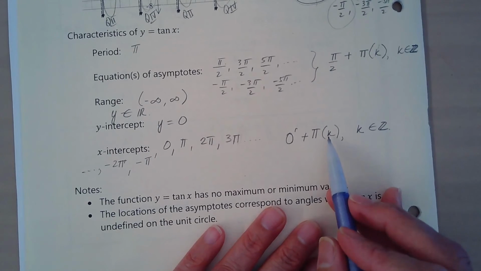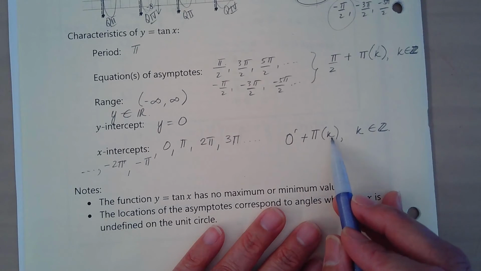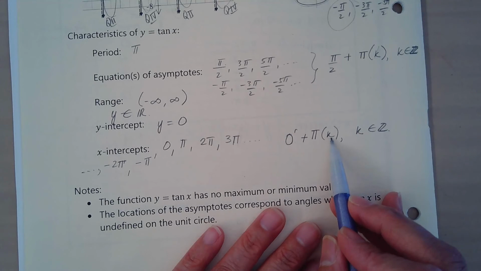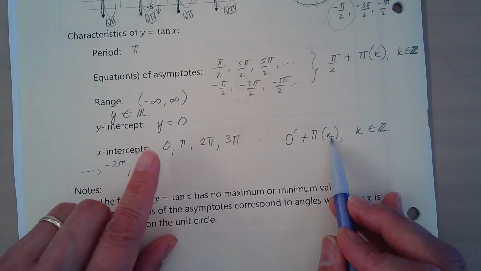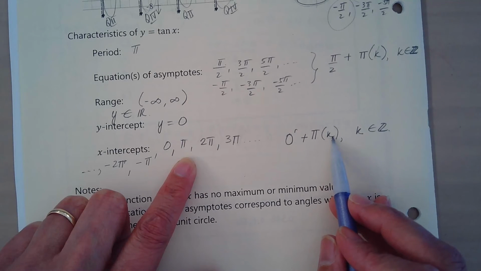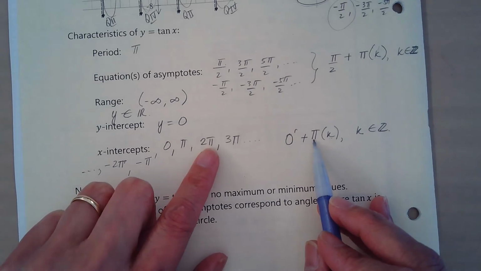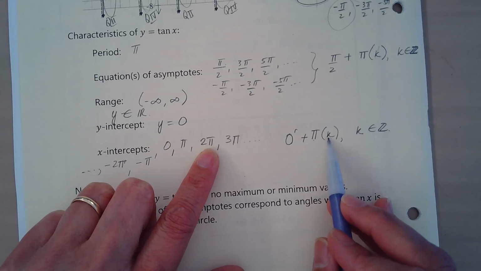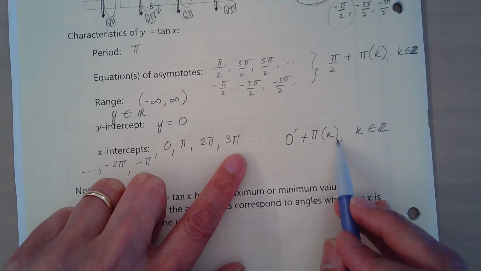Test it out. So if you start at 0 and you put in a plus 1 there, would you get pi? Yeah, right? If you put 2 times pi, 2 pi. If you put 3 times pi.